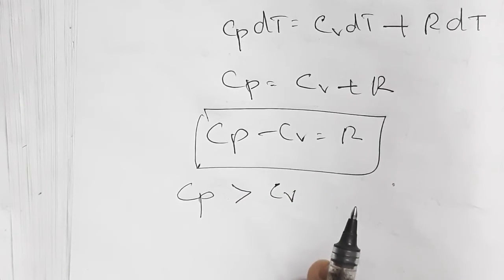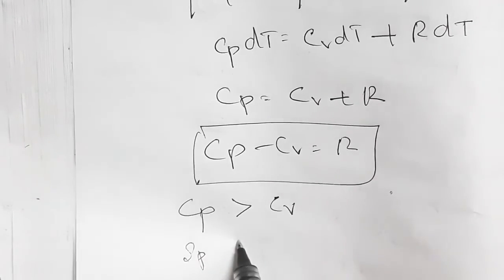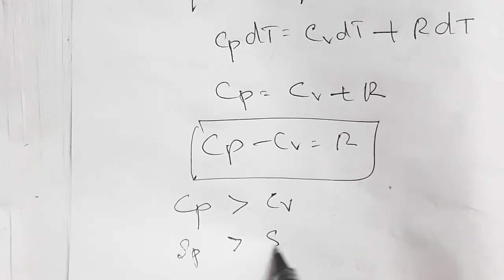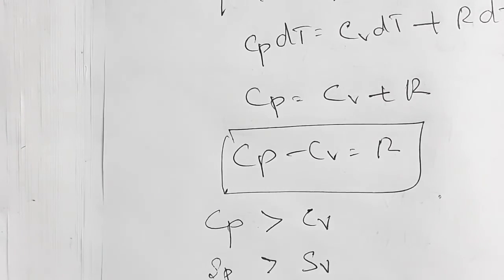So the specific heat capacity Sp is always greater than Sv. This is about Meyer's relation.